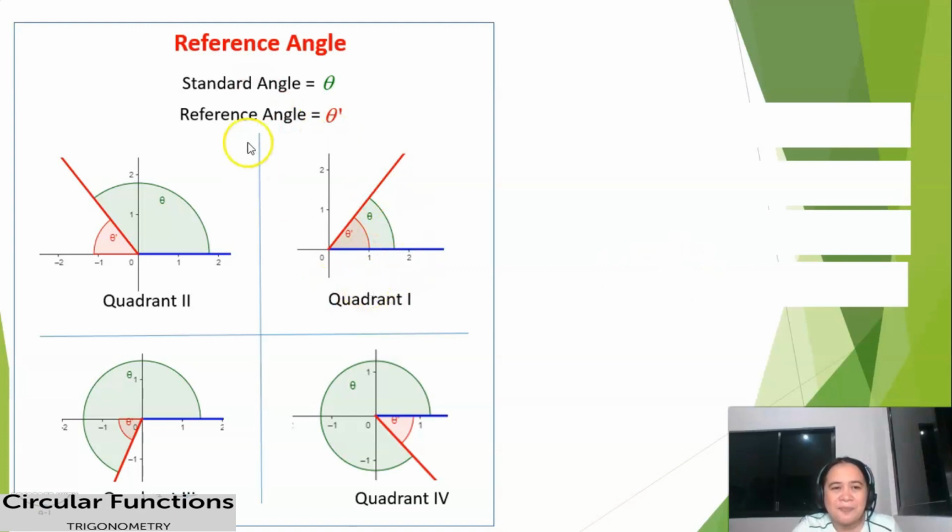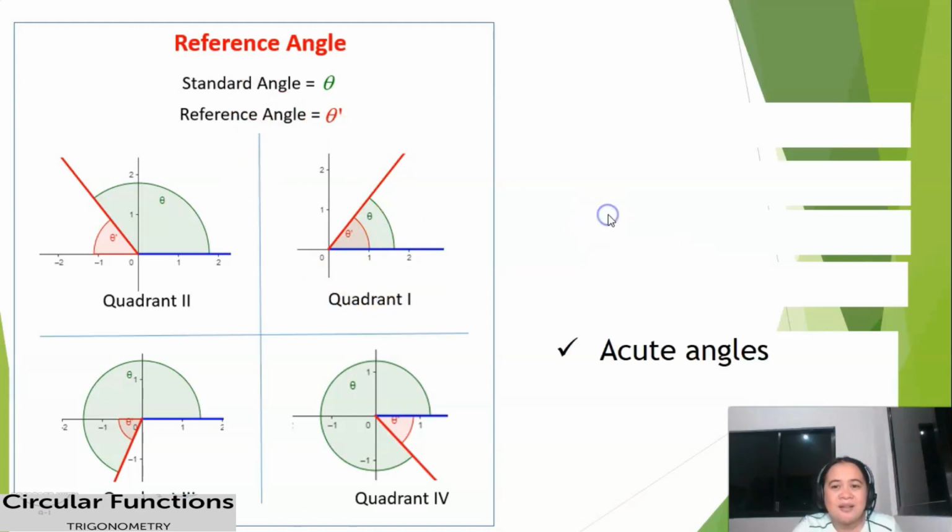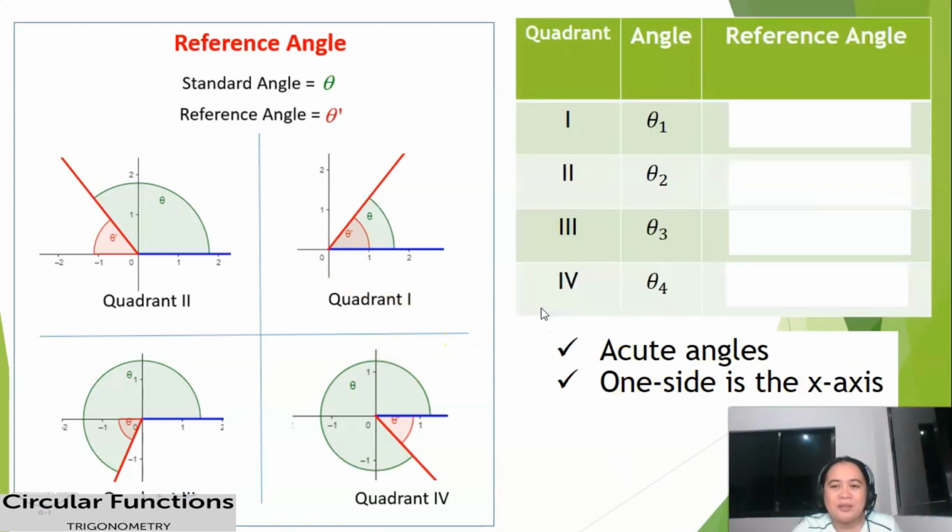In the first quadrant, the reference and the standard angle are just the same. By the way, reference angles are always acute, and one side is always at the x-axis. So again, in the first quadrant, the reference angle is equal to the standard angle.